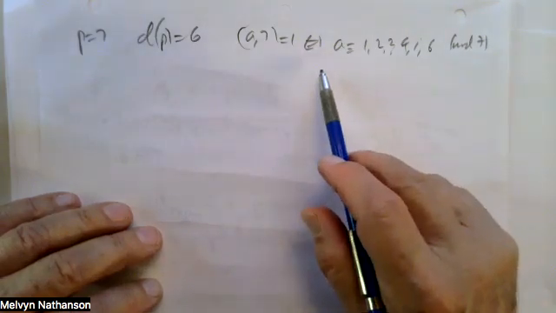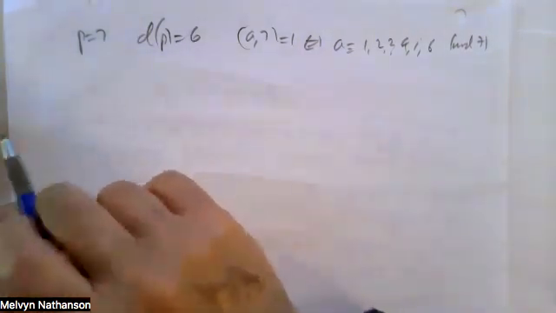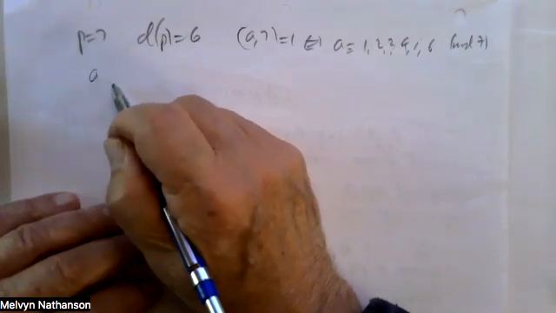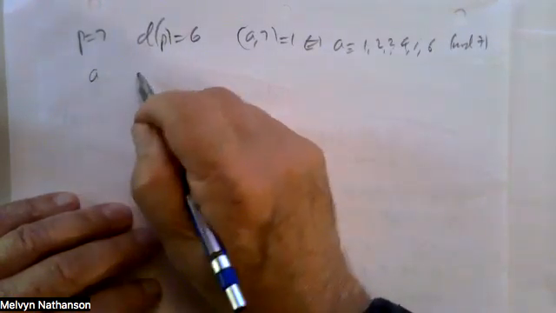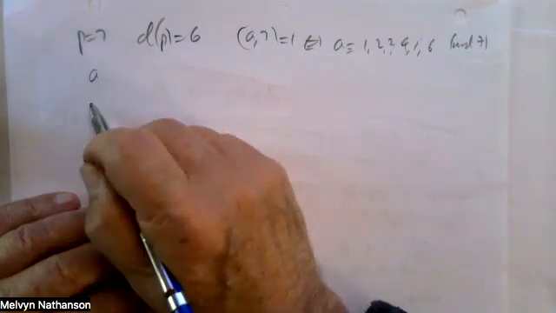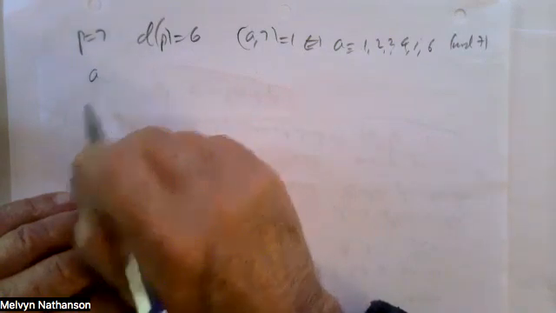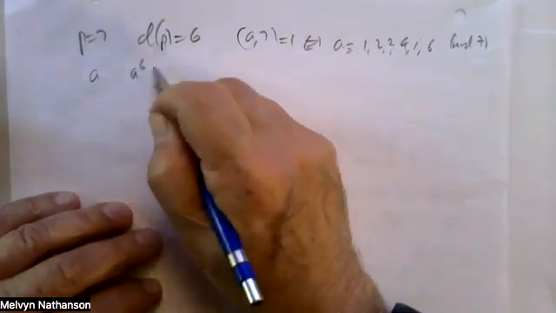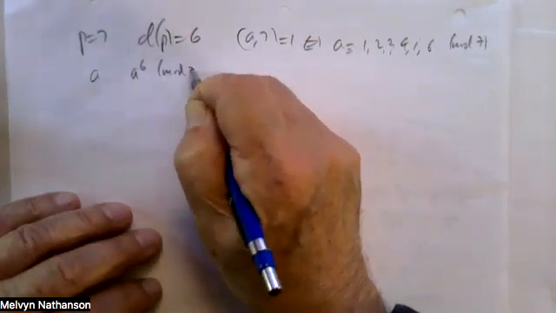So for each of these, let's just check the congruence. So for each A, I want to compute A to the P minus 1 mod P. So I want to compute A to the 6th mod 7.